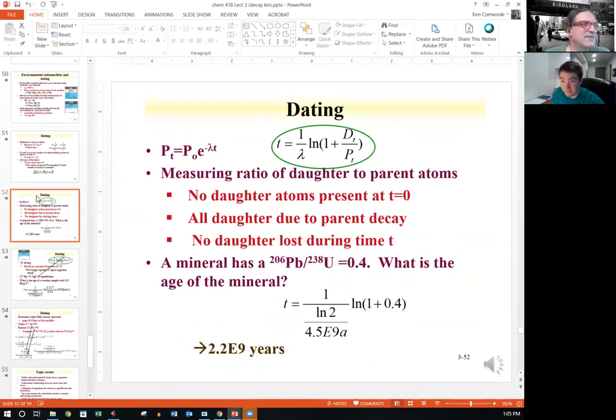Like if you had lead present initially, and it's decaying to lead, you wouldn't be able to differentiate which lead is from the decay and which lead was there initially. I suppose you could if you looked at the lead isotopes and knew the natural lead isotopic distribution. Then you'd have to say, well, the amount of 206 is a little bit higher than it should be. So it would be pretty convoluted.